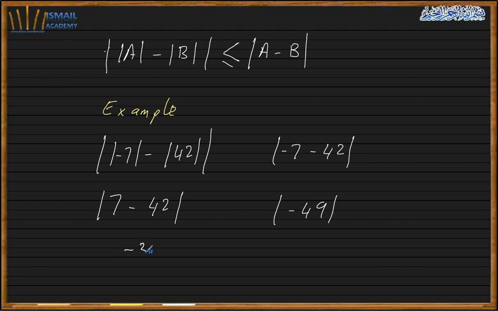So this side is minus 35, which is 35, and this is 49. Obviously this one is greater. So you got the point.